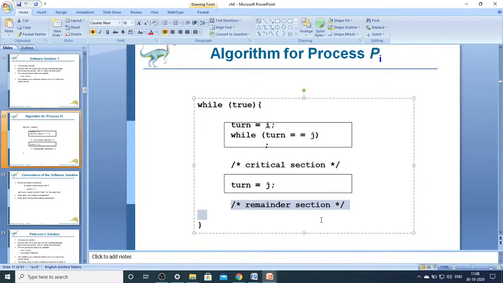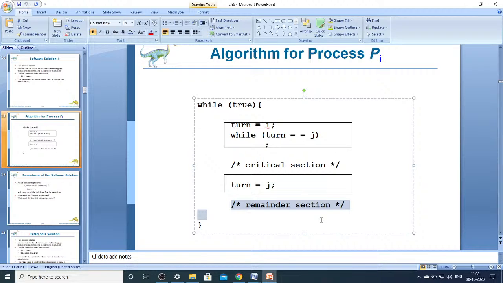Executing remainder sections simultaneously by any number of processes doesn't have any effect, whereas if more than one process tries to access the shareable resources, then there comes the problem, that is, it leads to inconsistency. In order to preserve consistency, we need to ensure that the shareable resources can be accessed by only one process at any point of time.